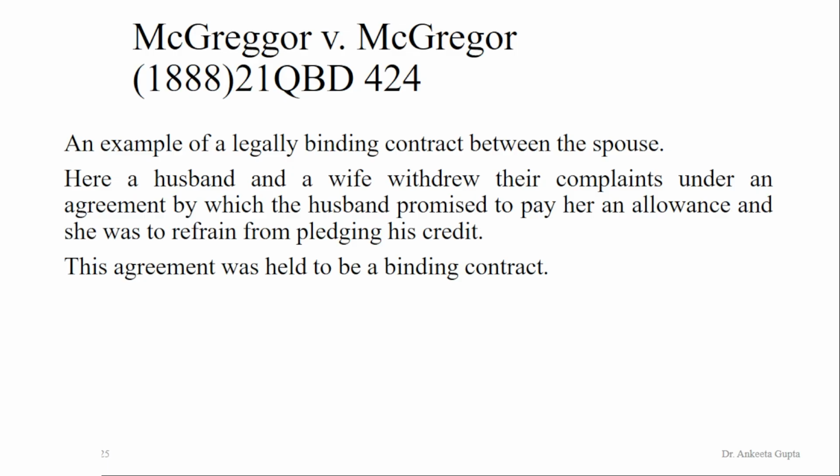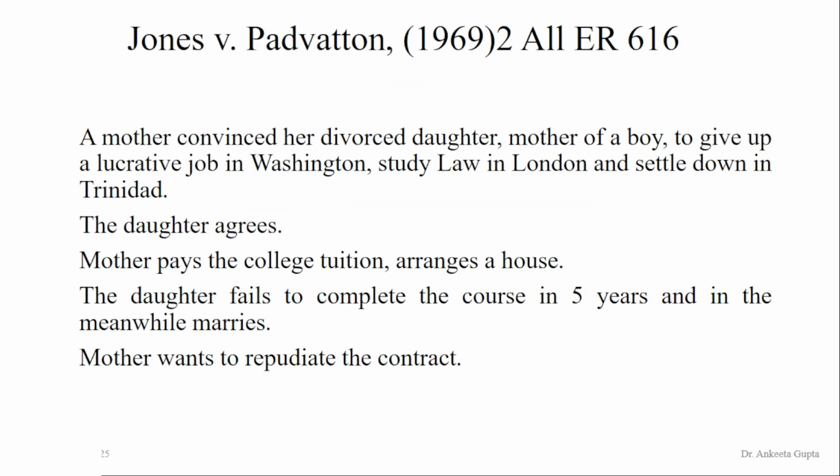There's a huge difference between the Balfour versus Balfour and McGregor versus McGregor case. And therefore, in the case of McGregor versus McGregor, the court said that this is a binding agreement between the parties and that the law can enforce the rights and obligations that have been mentioned in this agreement.